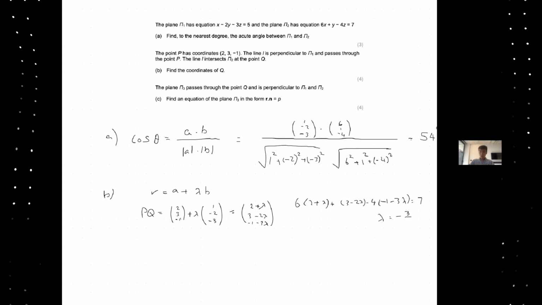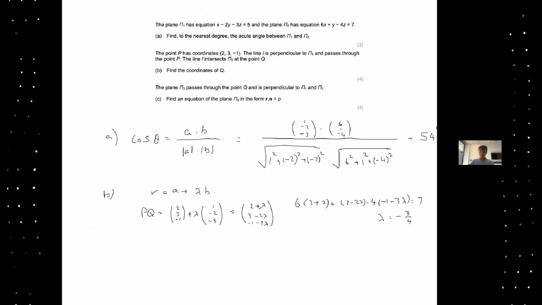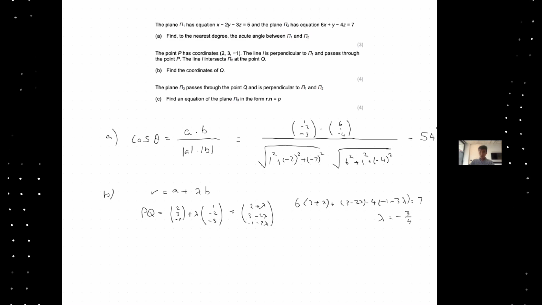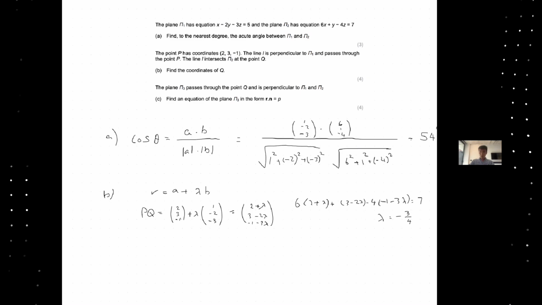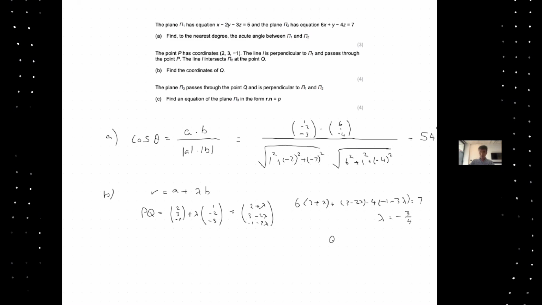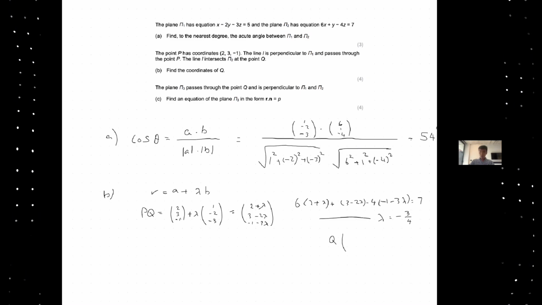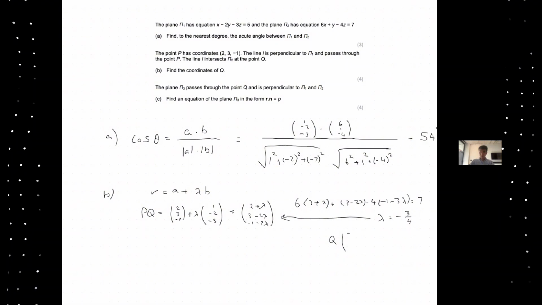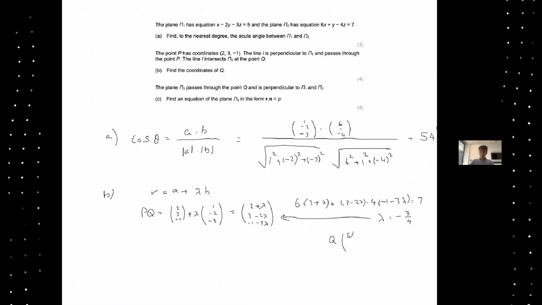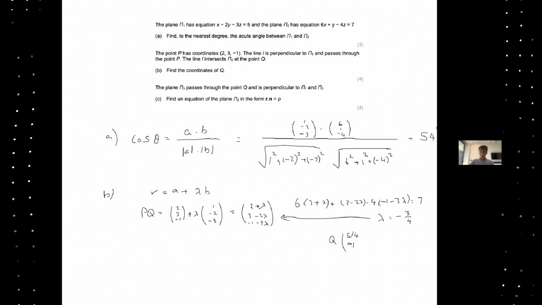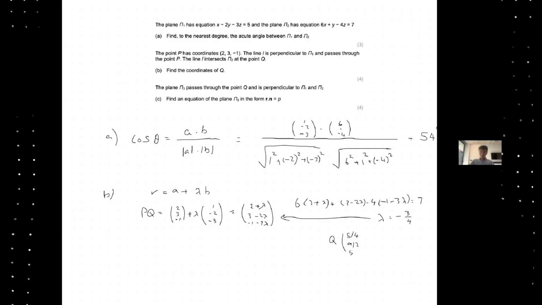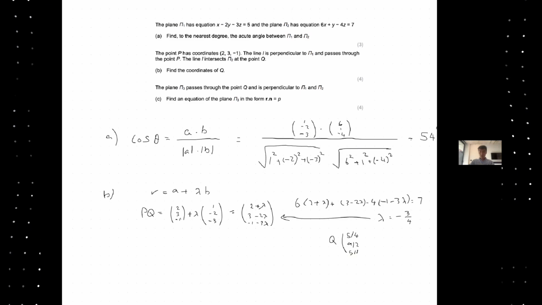And since we know lambda is minus 3/4, we can just simply put it back into here, right? And then we will work out that Q, put it back into here, and we'll get Q has the point 5/4, 9/2, and 5/4. And that's part B.